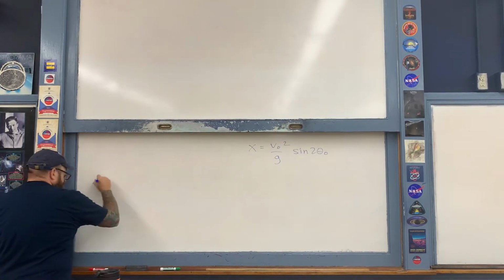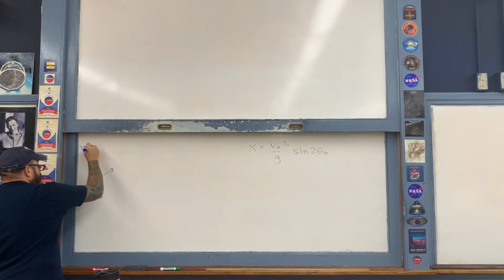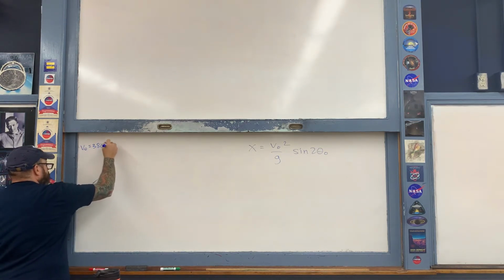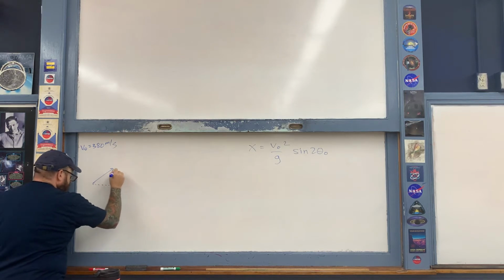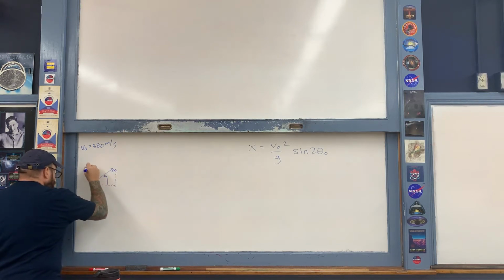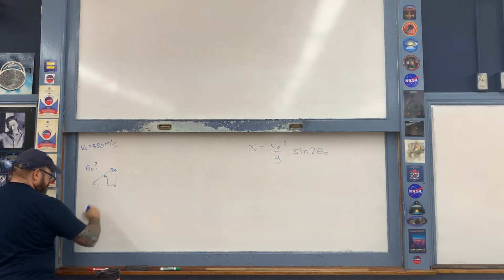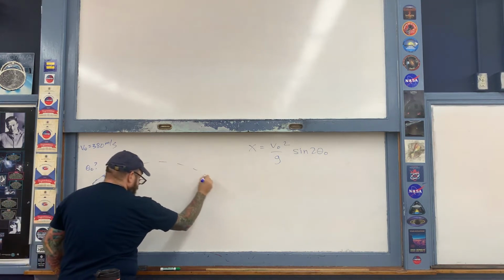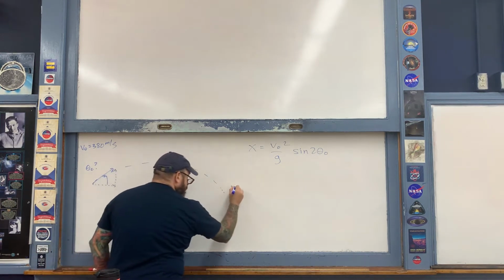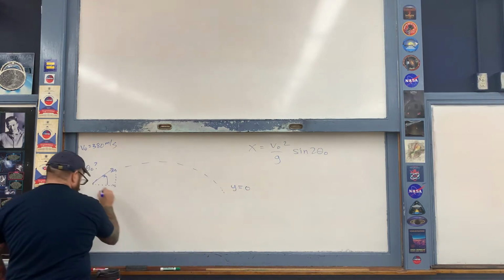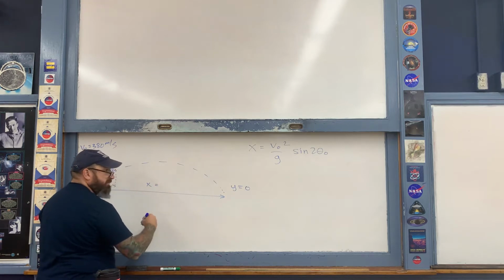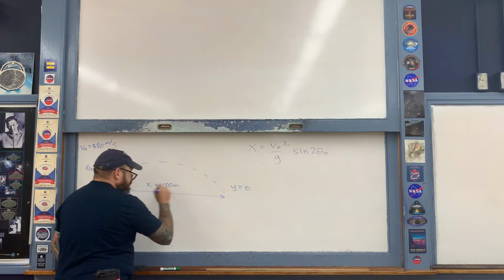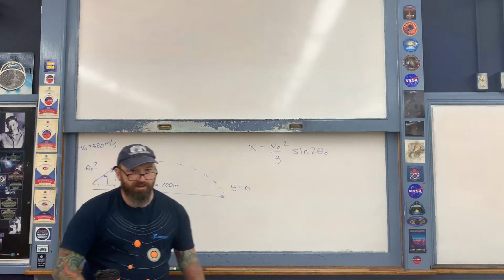We launch from the ground like so at our v naught of 380 meters per second. Here are the components of the initial velocity vector. And then right here is theta naught, which is the unknown in the problem. Then we move through the entire path like so, such that we return to our original height. And then right here is the range x, which in this example is given to us as 100 meters. The angle is what is unknown.